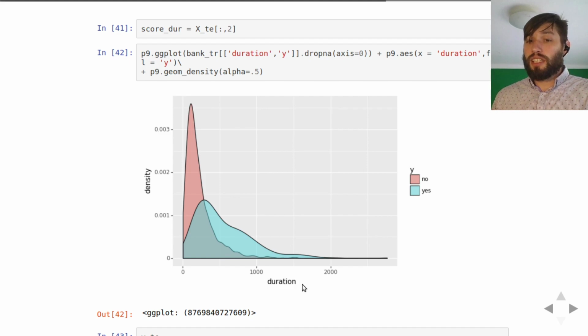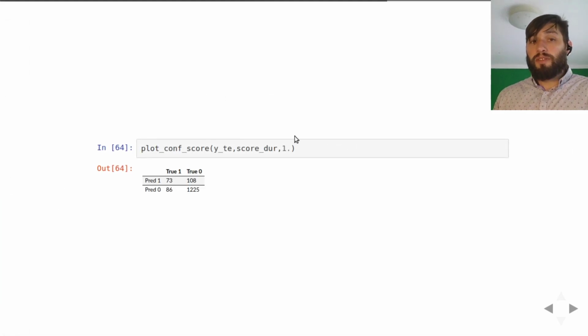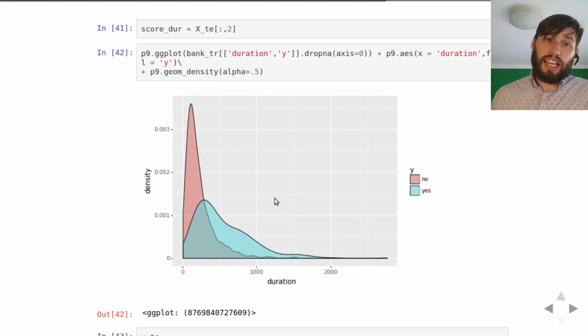I looked at this and said, well, this duration parameter, if it's large, you tend to have a yes response variable, a positive response. So if we look at the confusion matrix, this is our confusion matrix for this score. If we threshold at 1, so this score isn't enough. We have to choose a threshold, and I have.